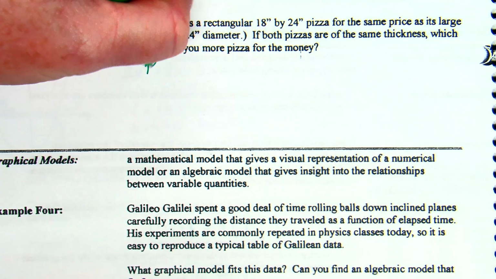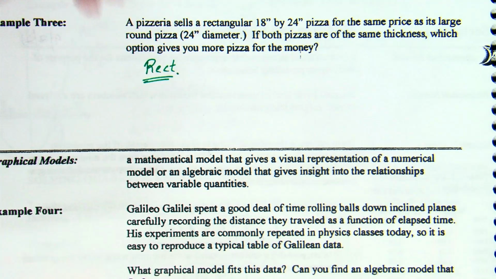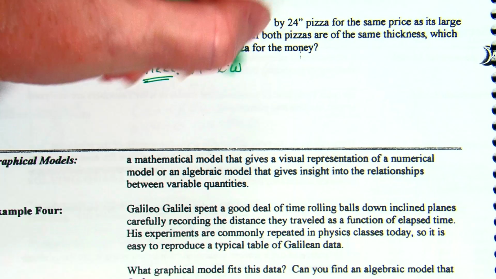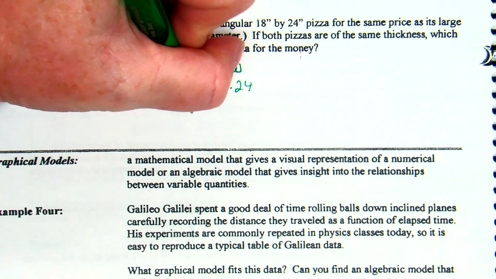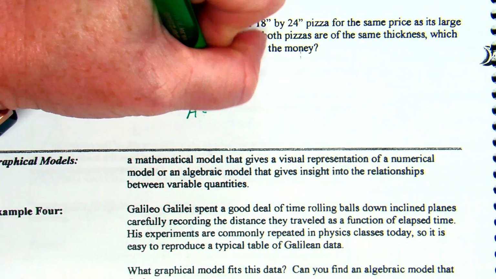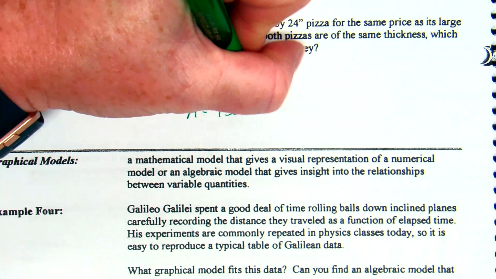We have a rectangular pizza. What do you know about the area of a rectangular pizza? Length times width. So in this case, we're going to do 18 by 24, which is 432 square inches, if you will.